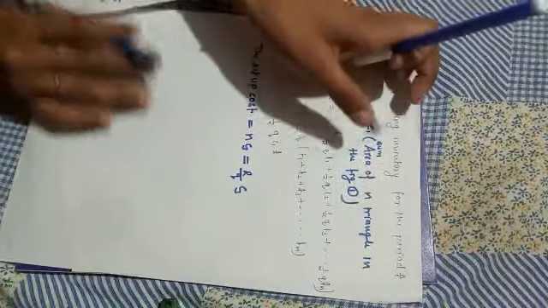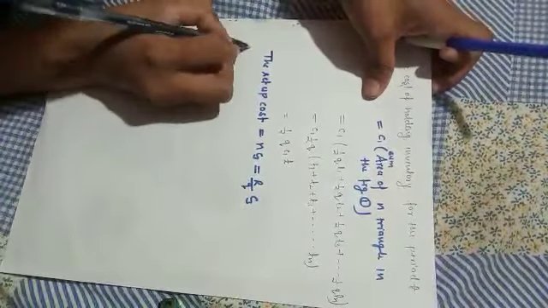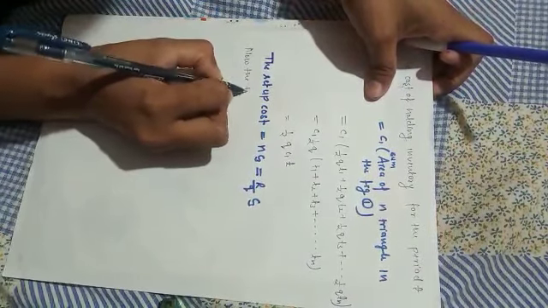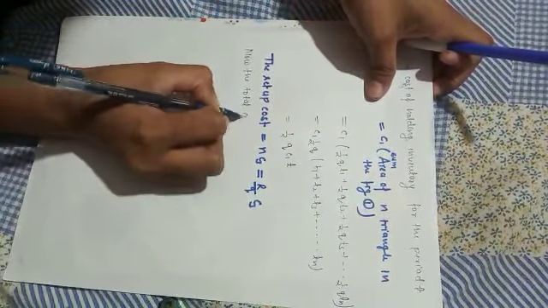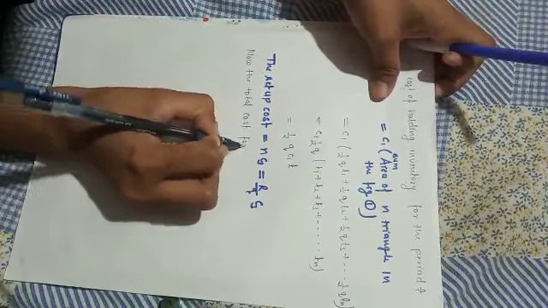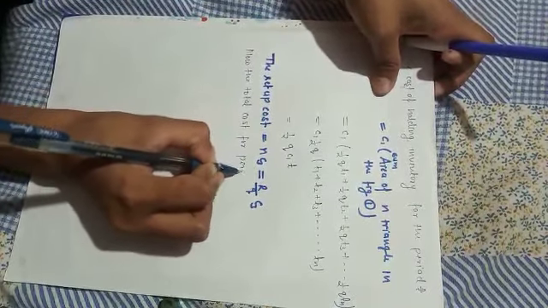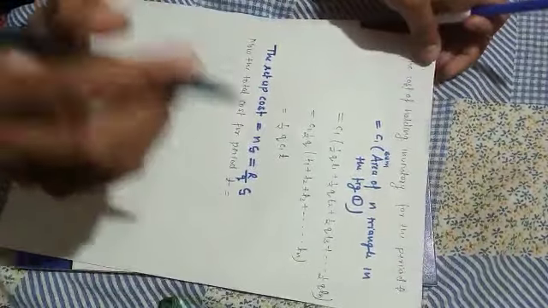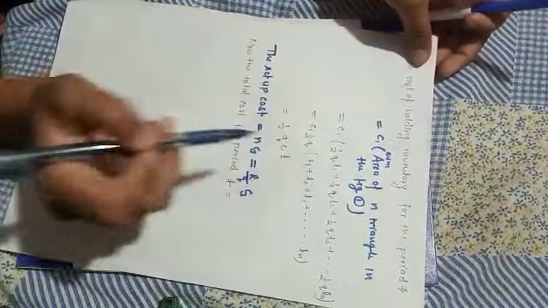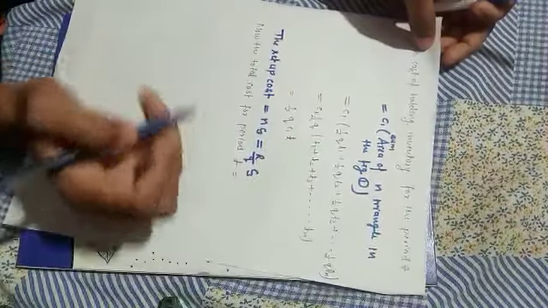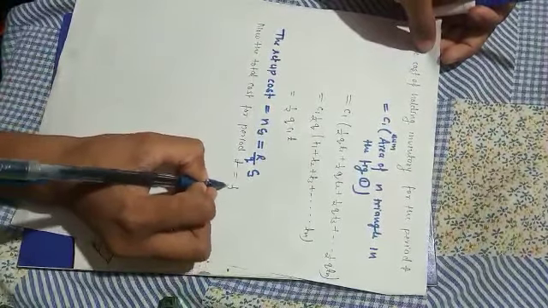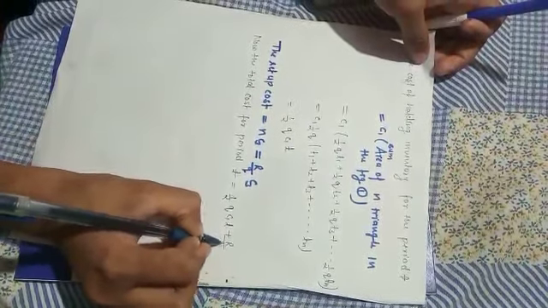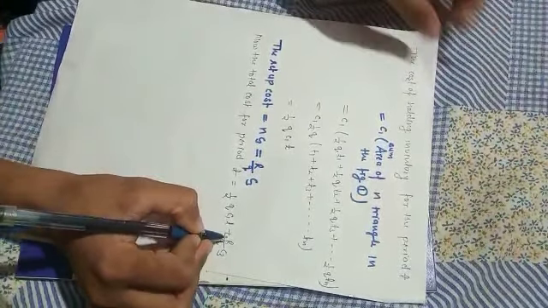Now the total cost for the period T. Now the total cost for period T is equal to the cost of holding plus the setup cost, that is 1 by 2 Q C1 T plus R by Q C3.